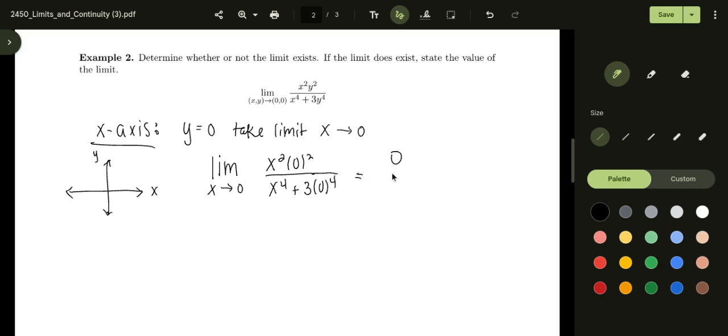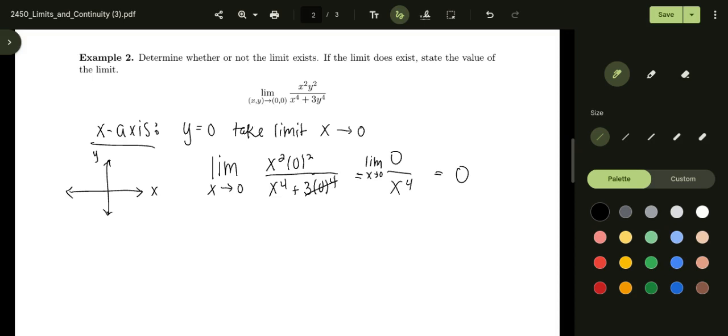And then our denominator, this term also is a 0, so it reduces to x to the fourth power. And again, we're taking this limit as x approaches 0. Well, we can already simplify this expression of 0 divided by x to the fourth, which is 0. So therefore, our limit along the x-axis is going to be 0 for our function.